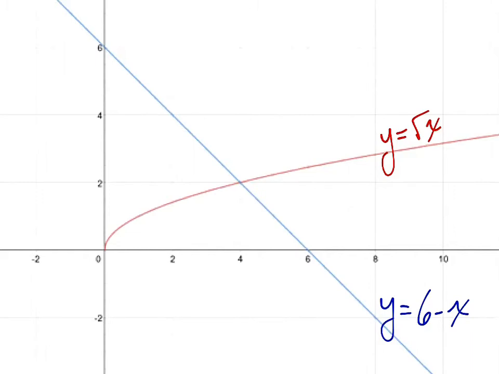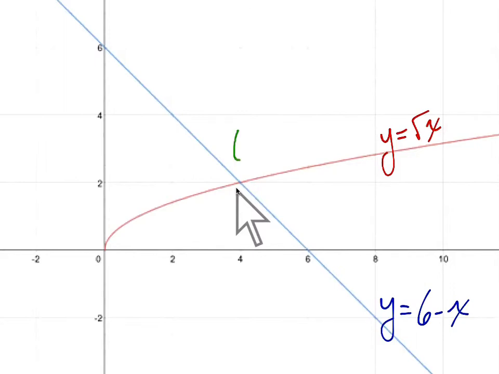Now, in doing that, the radius for any one of those disks is going to go from the x-axis up to the function, or the other way to say that is from the function down to the x-axis. It's just the height, the y value of the function. Now what happens is right here, which we can see from the graph is at the point 4, 2.